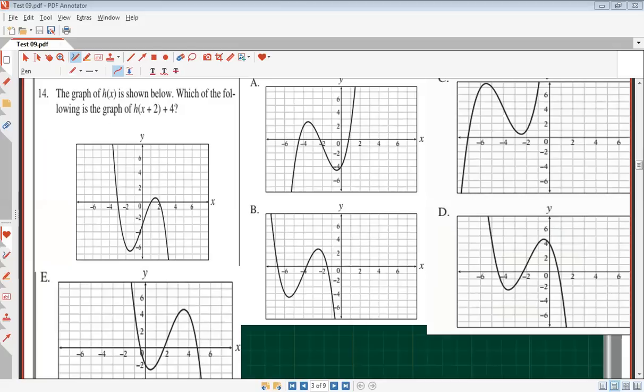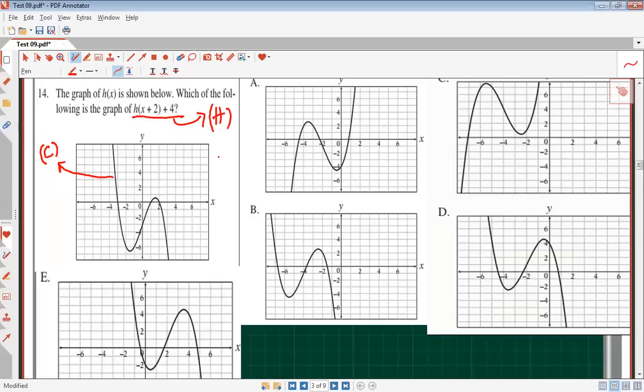Question number 14. The graph of a function h of x is shown below. Which of the following is the graph of this function? To be easy to follow, we call this graph here the graph C, and the graph of this function is the graph h.